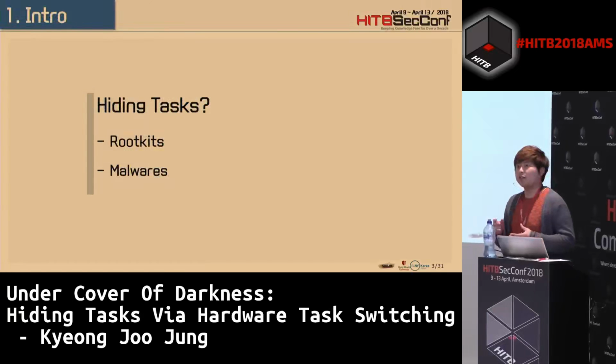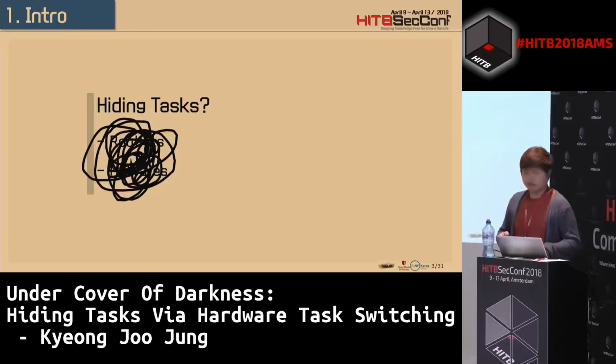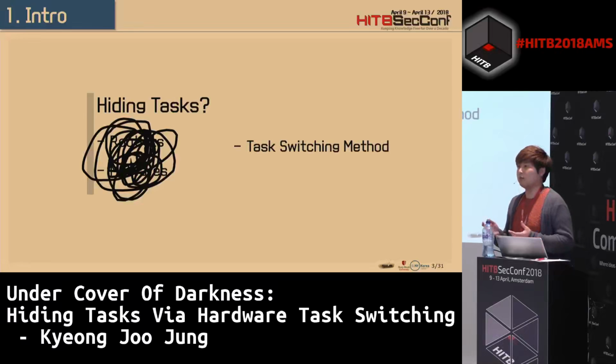When we think of hiding tasks, we mainly think of rootkits and malwares, right? But let's not think about this today. We focused on researching and finding some unused features that are still remaining on computers. To do that, we found out something called the task switching method.